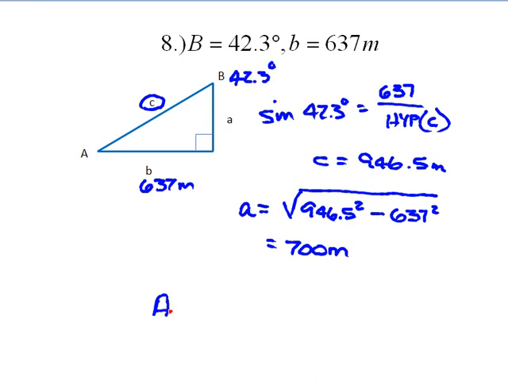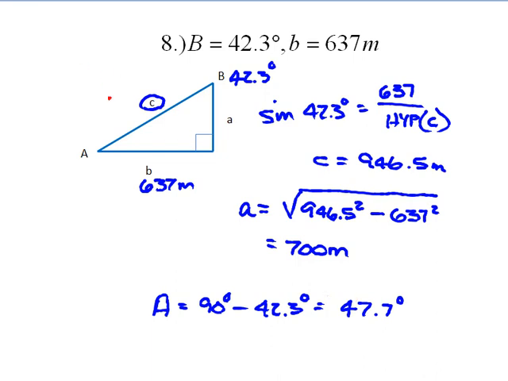And then all we need to find is angle A. Right triangle says it's 90 degrees minus 42.3 degrees should give us 47.7 degrees.